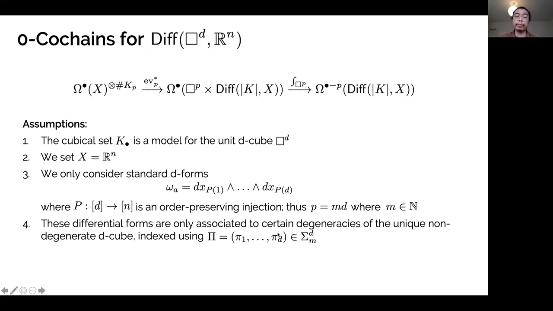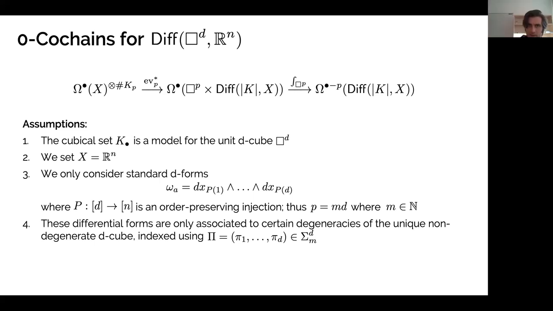These are going to be just the degeneracies of the unique non-degenerate D cube. And the specific degeneracies we're going to be using are indexed using an element of the permutation group. So this was just a way to say that we're not going to be using all of the zero cochains that arise from this construction, but only specific ones.